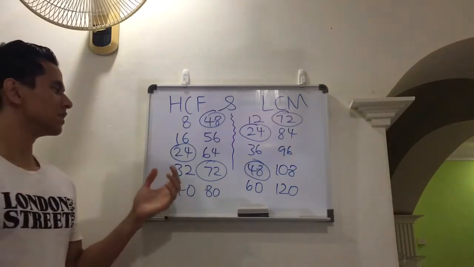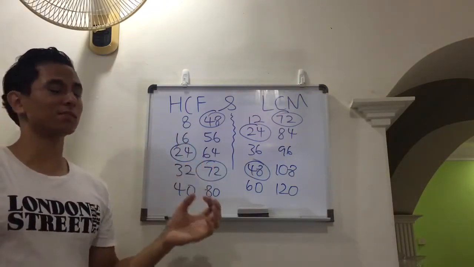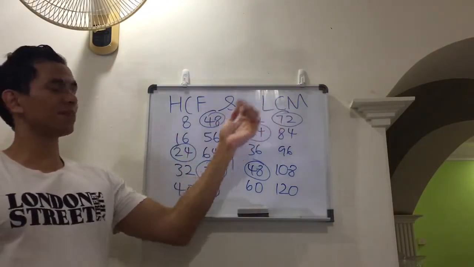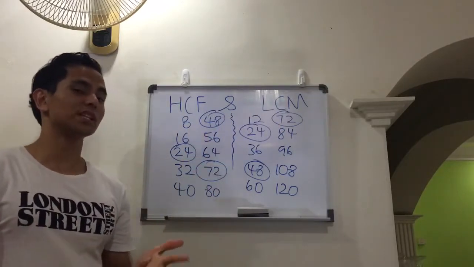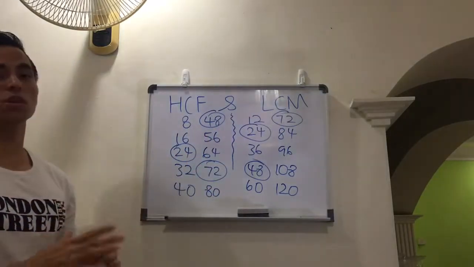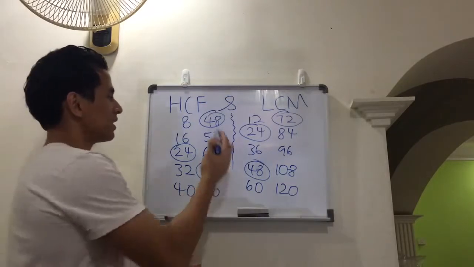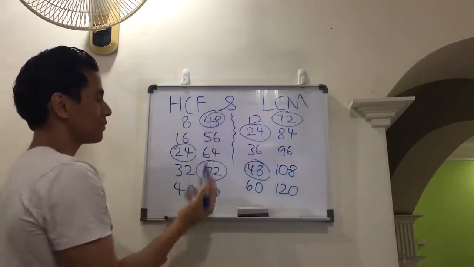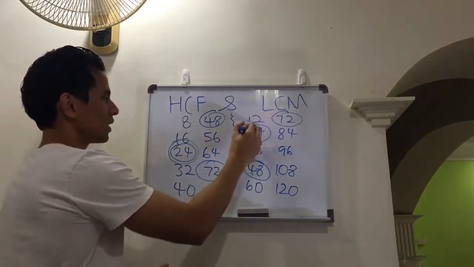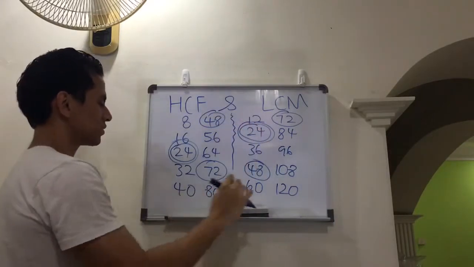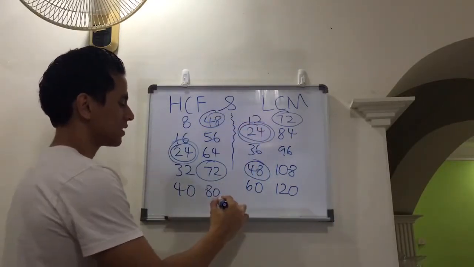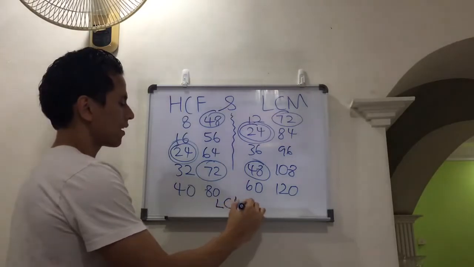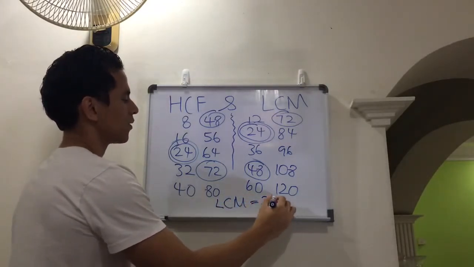Now, we have circled the common multiples, but as you can see, LCM is lowest common multiple. So we need the lowest number. The lowest number that is common out of the multiples of 8 and 12 will be just 24. So 24 is the final answer. Therefore, in this case, LCM equals 24.